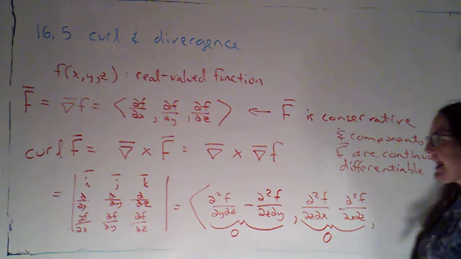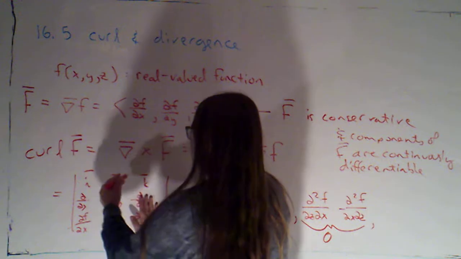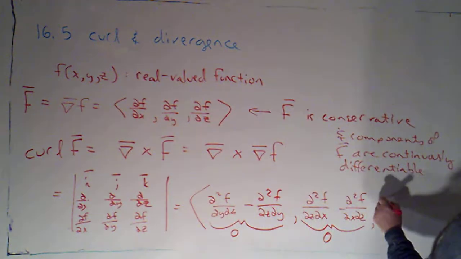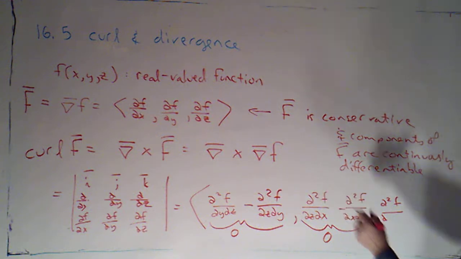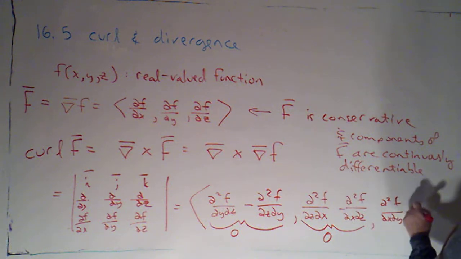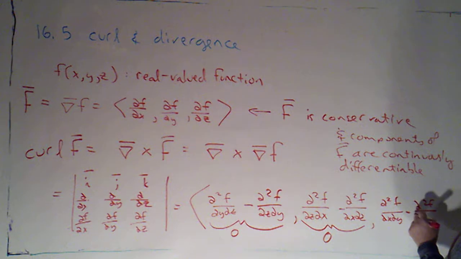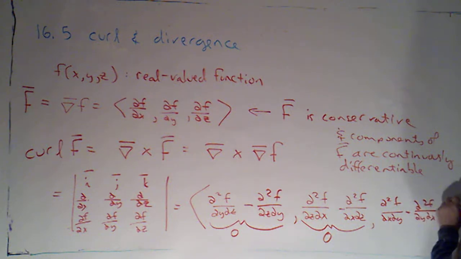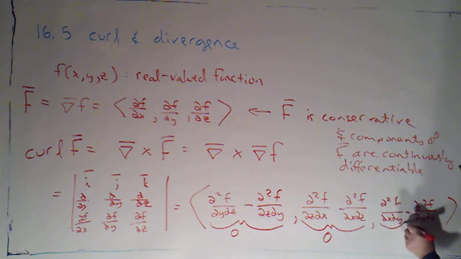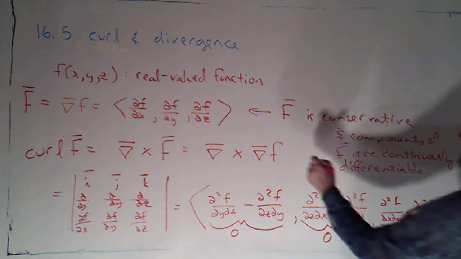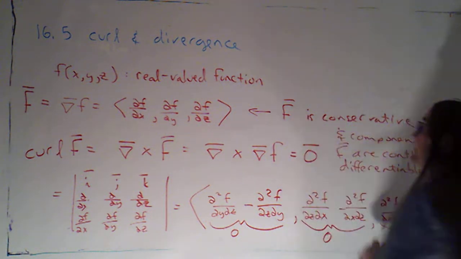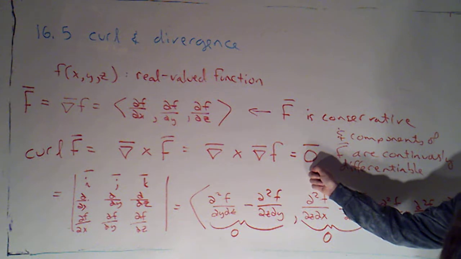And if I look at the k component, I'm going to get partial squared f partial x partial y minus partial squared f partial y partial x. Those are the two mixed partials that involve x and y. So those would have to be 0. So what I get is that the curl of f, if it's conservative, is 0.